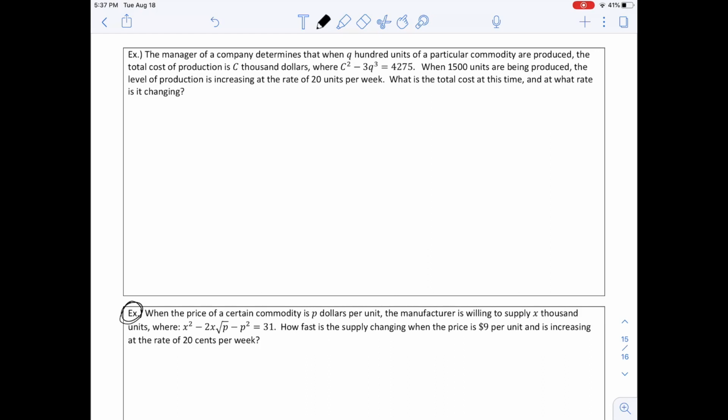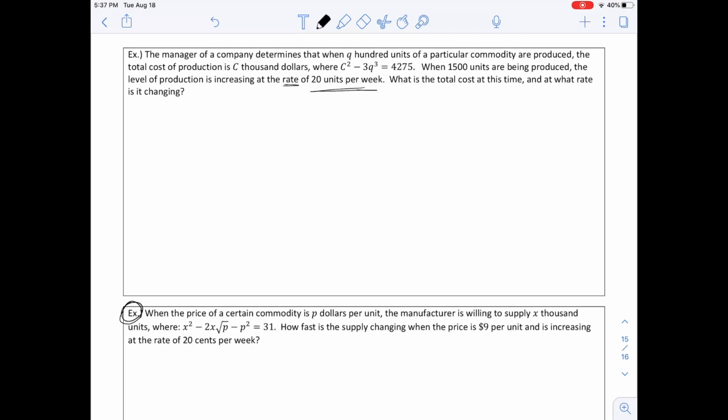So we're going to go through and look at what we do know and what we're looking for. We do know that the level of production is increasing at a rate of 20 units per week. But we need to be careful with this. This is 20 units per week, and this is a rate, which is a derivative.